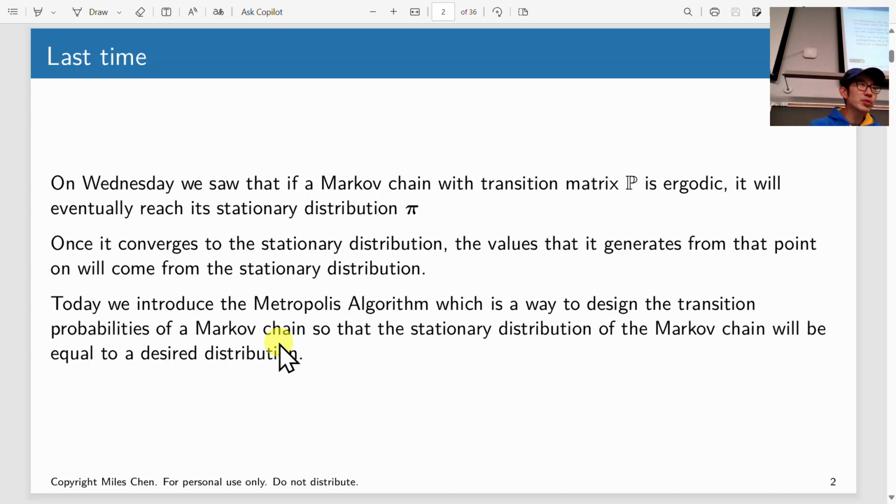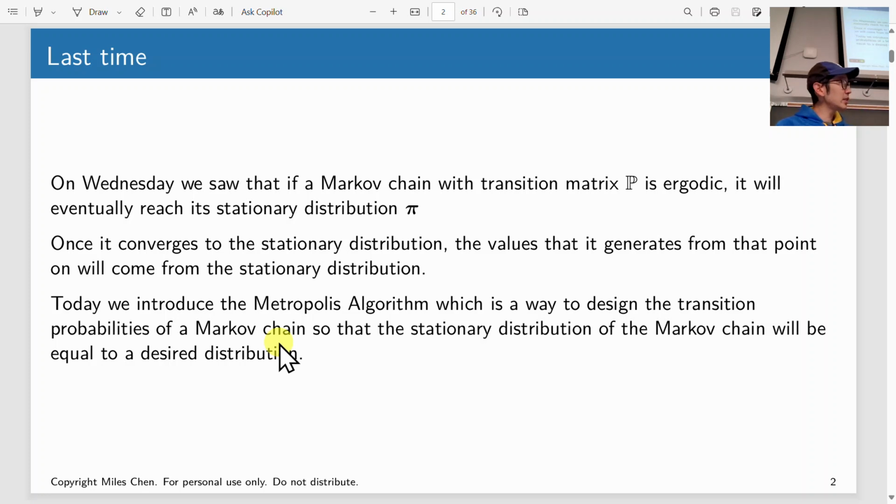And so we introduced Markov chains this week, and we looked at properties of Markov chains, and we said if a Markov chain is ergodic, meaning that it is irreducible and aperiodic, then eventually it will reach its stationary distribution, which we just called pi right now. We had a couple of examples of that on Wednesday.